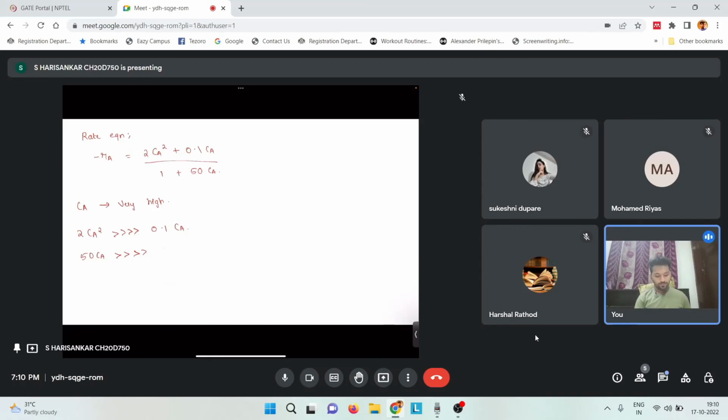So what we can do is we can cancel out these low value terms from the rate equation. So we can cancel out this term 1 and this term 0.1 Ca from our rate equation, and we can rewrite our rate equation approximately as minus Ra approximately equal to 2 Ca square by 50 Ca. So this will be an approximation for our rate equation when concentration of Ca is very high.